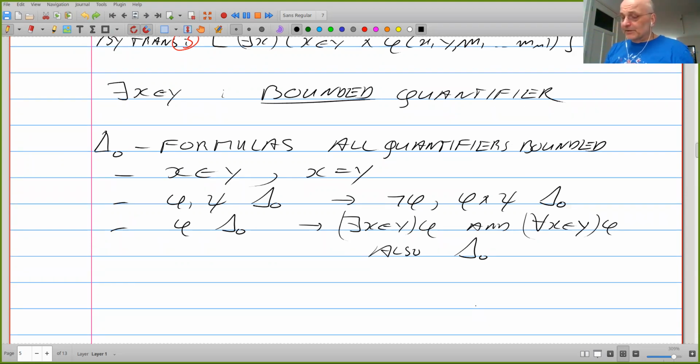Anyway, these are the delta zero formulas, and as always, the delta zero formulas form a class of formulas that contains the atomic ones and is closed under those operations, and it's the smallest family of formulas with that property.